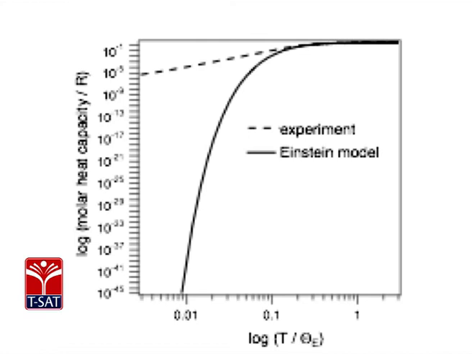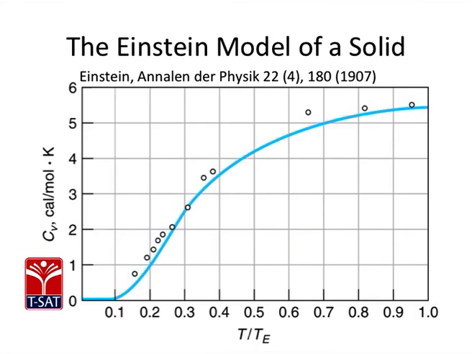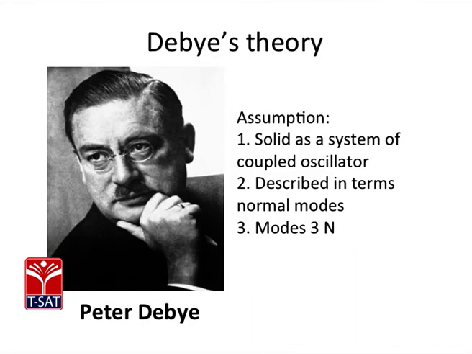This solid curve is the Einstein model, and these circles are experimental values. They are satisfied down to some low temperature, whereas at very low temperature they are not satisfied.